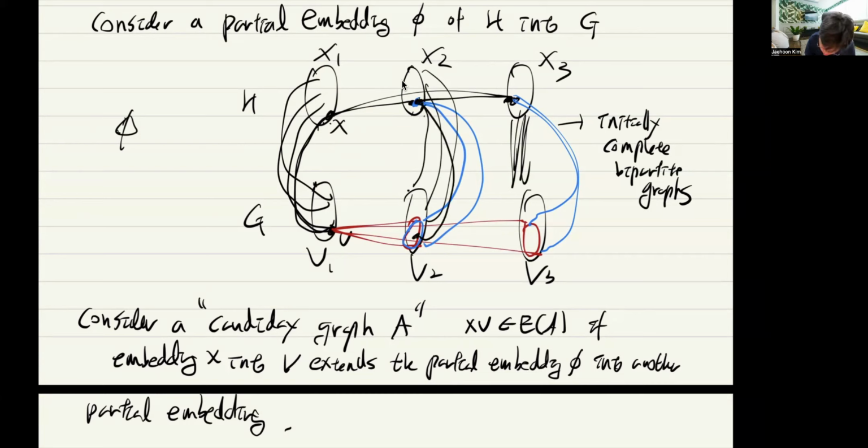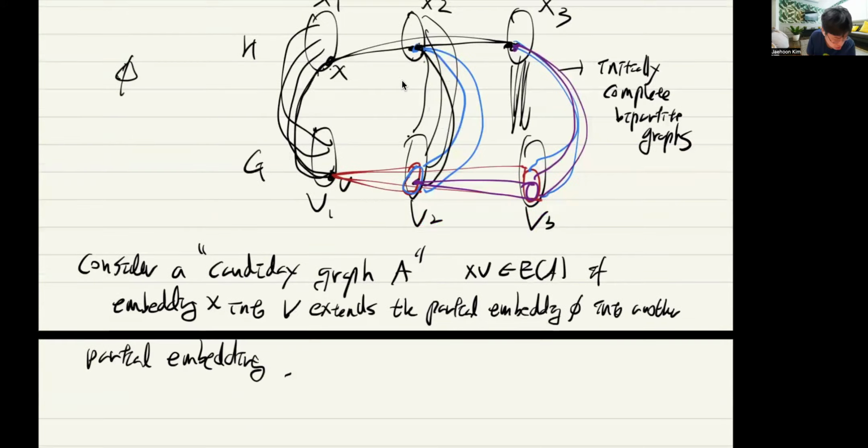Now you consider this vertex and see what its neighborhood is inside of this red one. And then in this candidate graph, again you delete all the edges between this and this part, and you only keep the edges between this and this purple part. And so on. And you take the next matching. So that's roughly what you want to do.